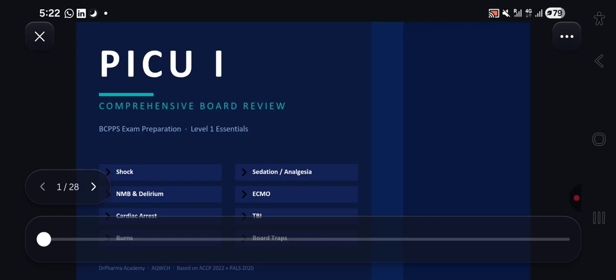If we start with shock, in simple terms, it is organ dysfunction due to tissue necrosis, due to lack of oxygen. Hypoperfusion happens, so the tissue does not receive an adequate amount of oxygen, which causes organ dysfunction.